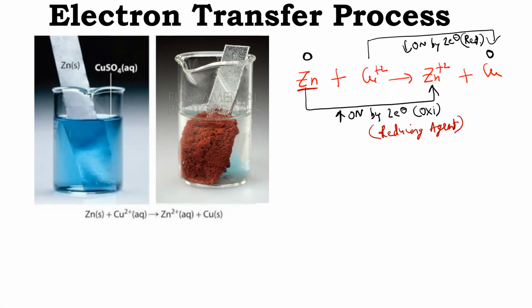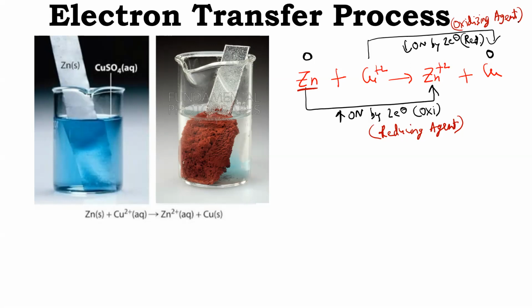Similarly, the copper ion is getting reduced, so we will call it the oxidizing agent. Please be very careful with this also. Again, I'm going to repeat it: the substance which gets oxidized is a good reducing agent, and the substance which gets reduced is a good oxidizing agent.